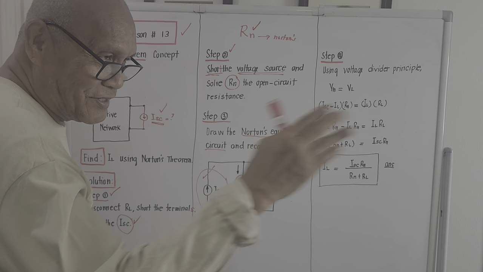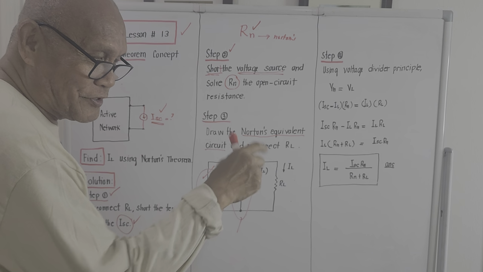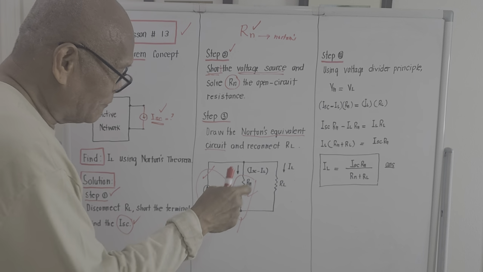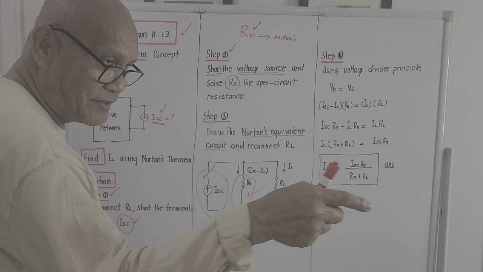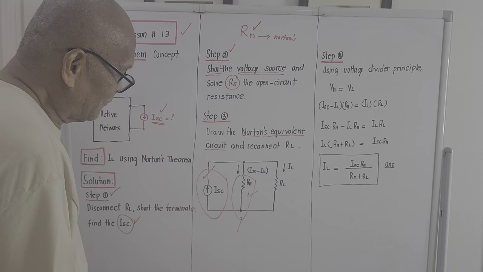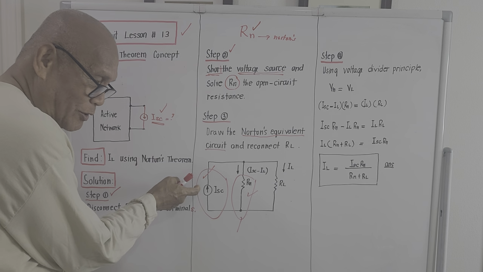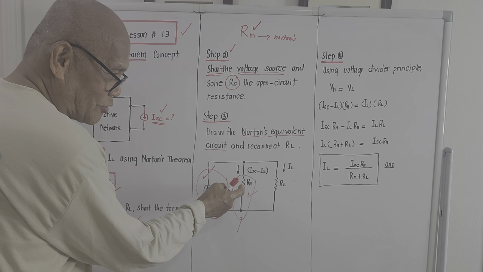Unlike in the Thevenin's, the open circuit voltage is in series with the value of R Thevenin. But under Norton's, this short circuit source will be in parallel with R sub N.